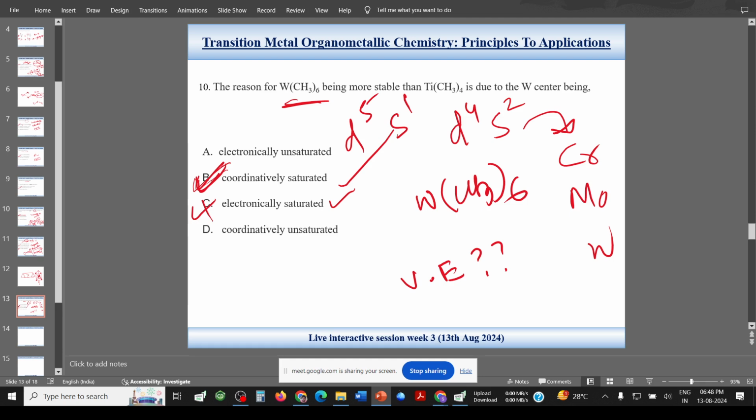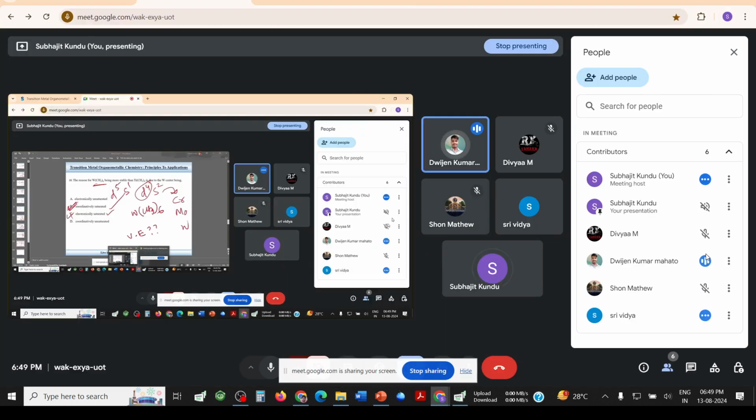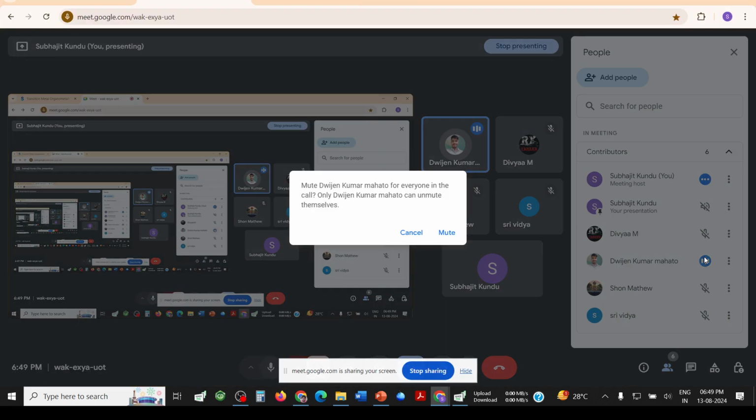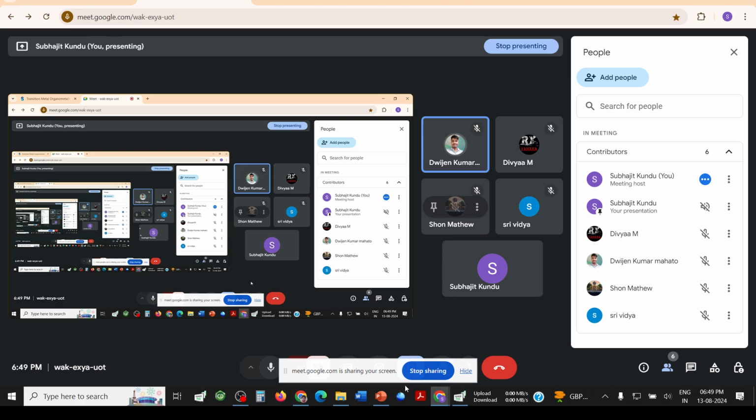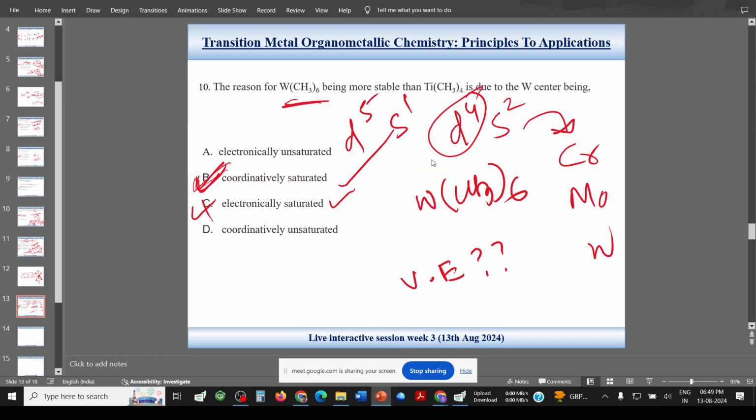Because of this half-filled d orbital, the configuration is always d5s1, not d4s2, since d4 is just before the half fill.